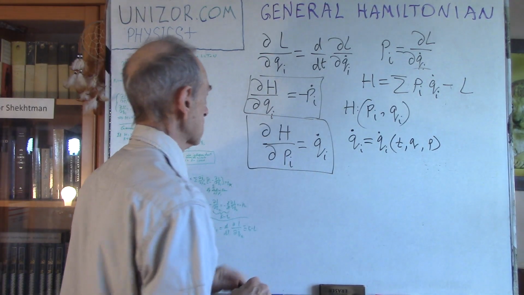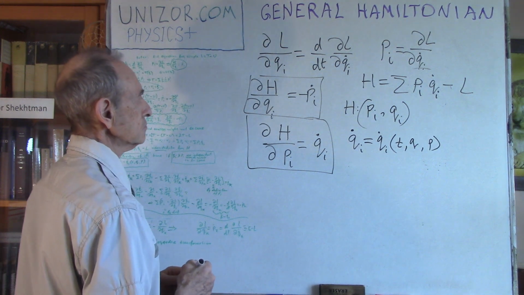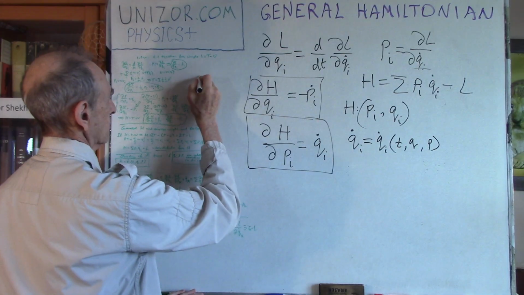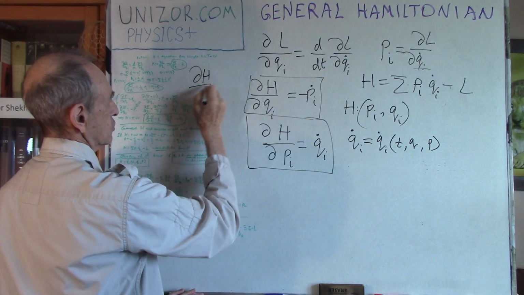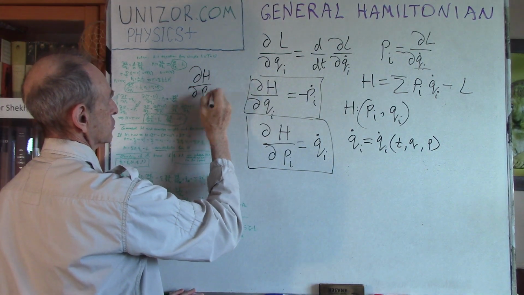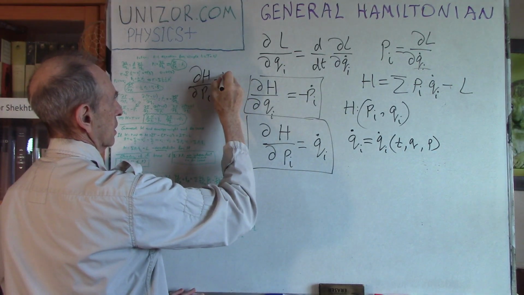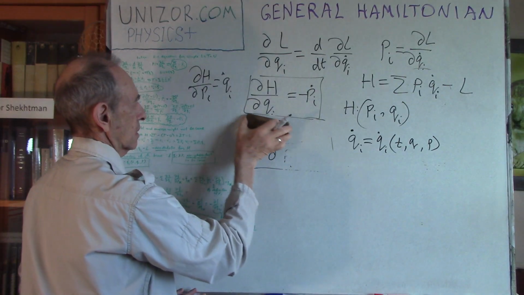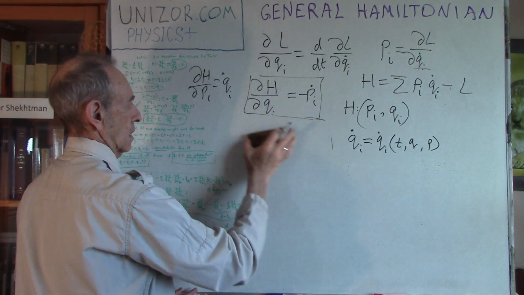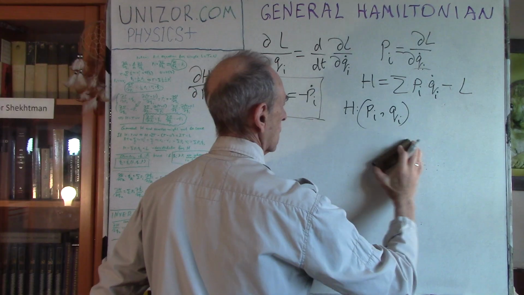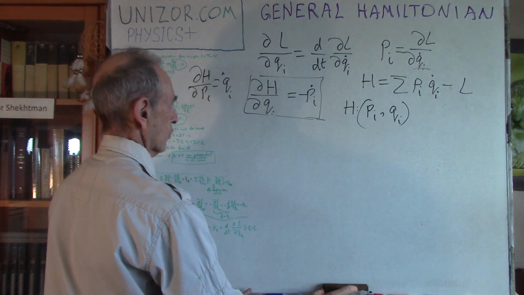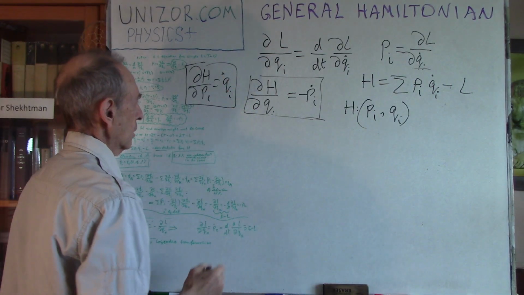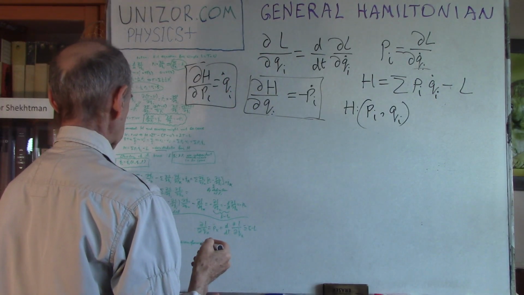Now let's check this. Let me get some space. I will put dH by dpi should be equal to qi dot, and I will free my space here, so I have more room. All right, so I have to check this.